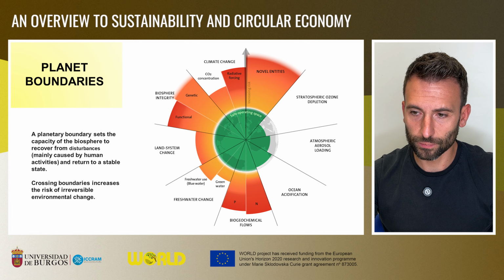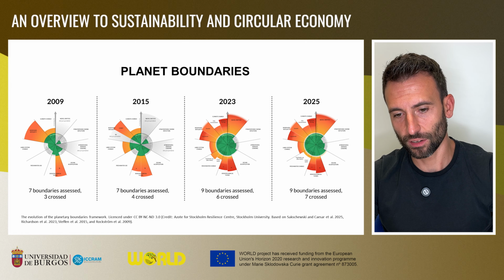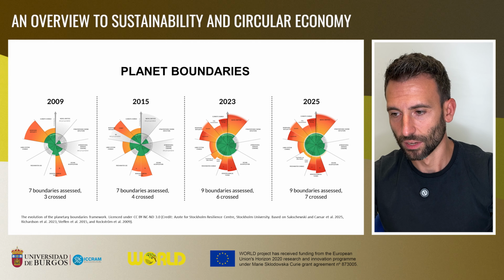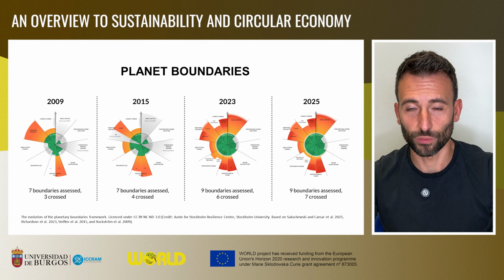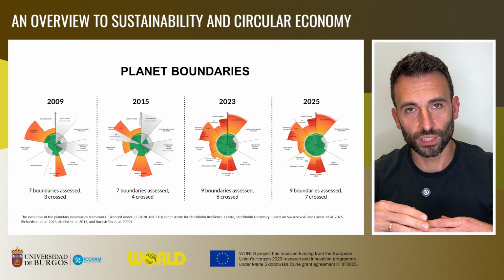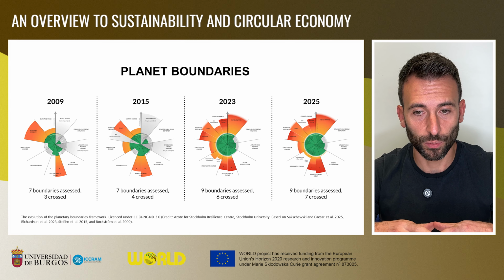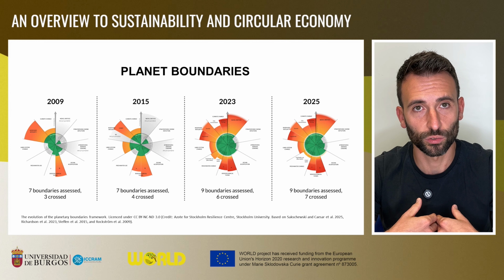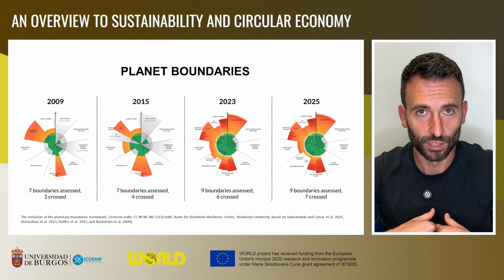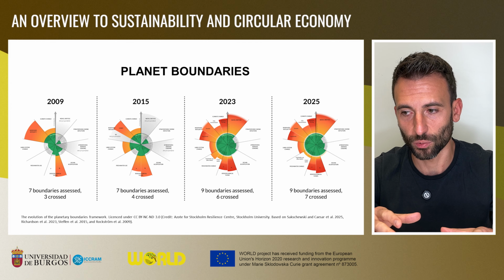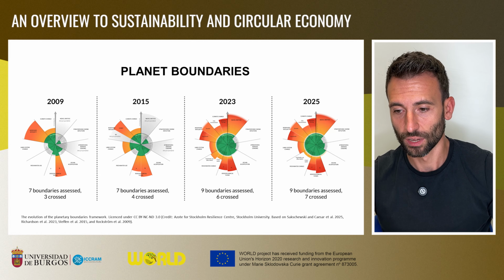So we have here the different studies and different updates, and the last update is saying that 7 of the 9 boundaries are crossed. If we cross the safe space, the problem is that we don't know what the effects are and that we cannot recover from those effects. So we are living in a level of uncertainty if we go beyond the safety limits.